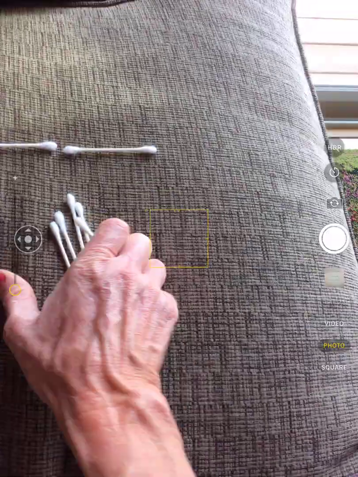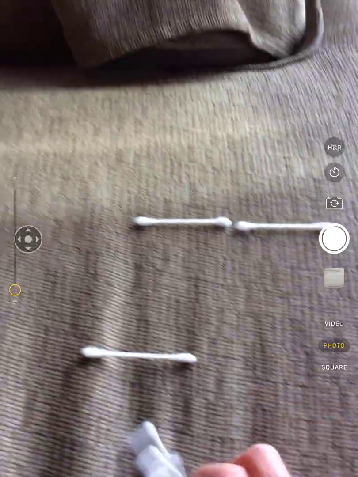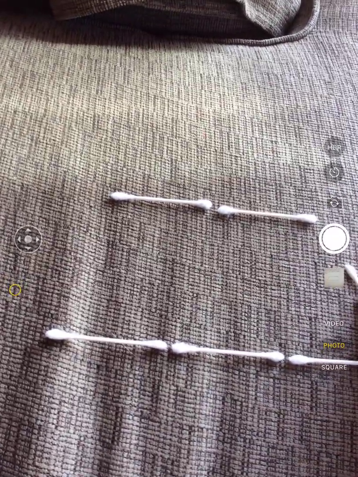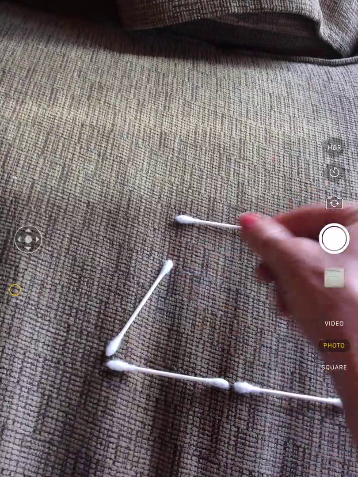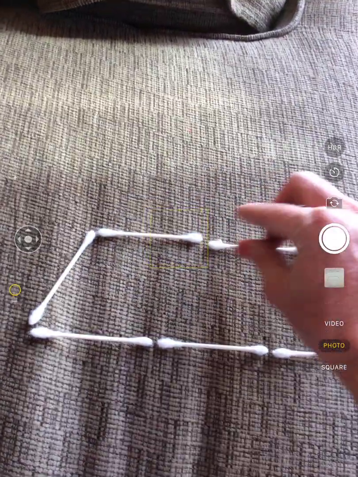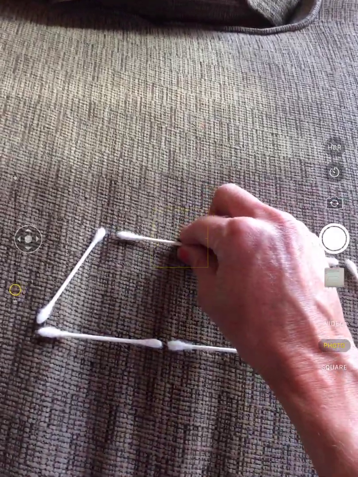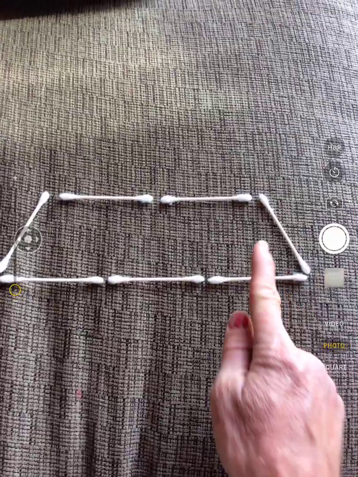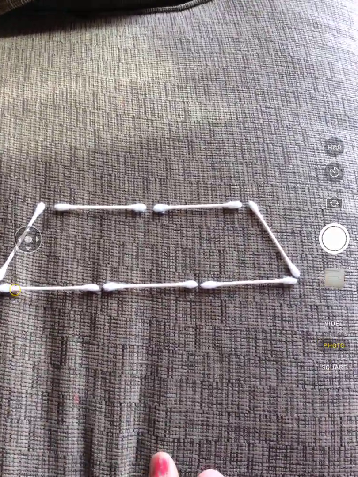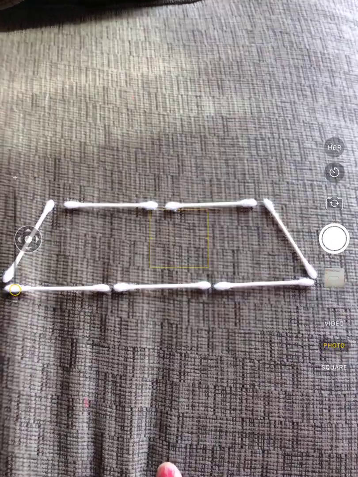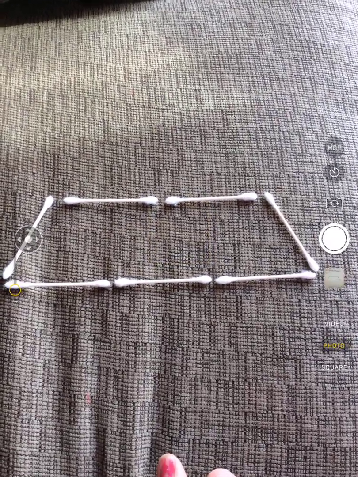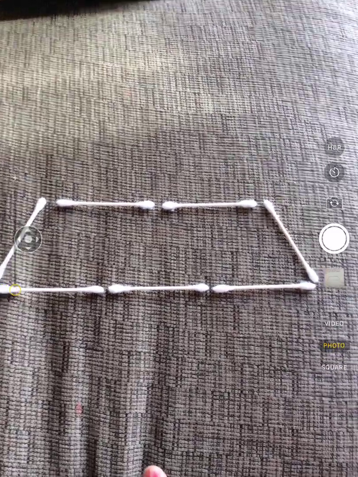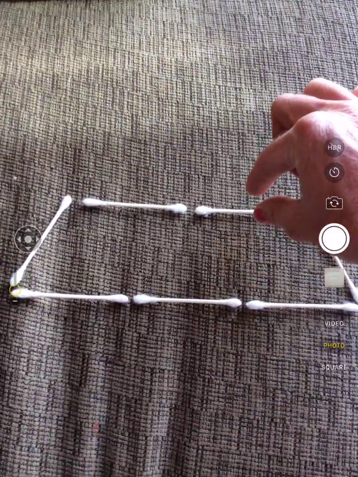I had 2 on the top, 3 on the bottom, and then my sides that were of equal length in my trapezoid. There I have it, my isosceles trapezoid. Now I need to move 3 of them to make 2 equilateral triangles. Watch this.